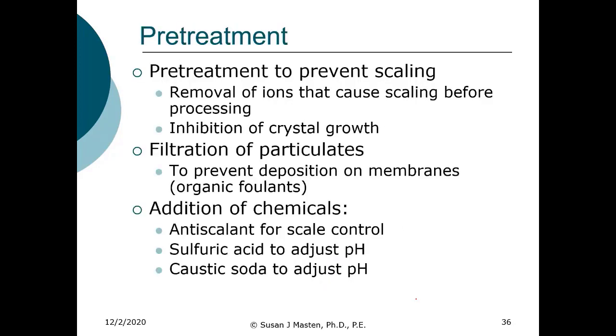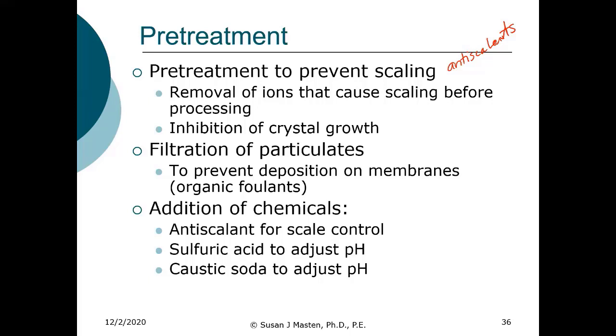Because of all of this, in many cases, we pre-treat the water prior to feeding it into the membrane. So we can add anti-scalants. These are chemicals used to inhibit precipitation or crystal growth, to keep the chemicals that would precipitate in solution.